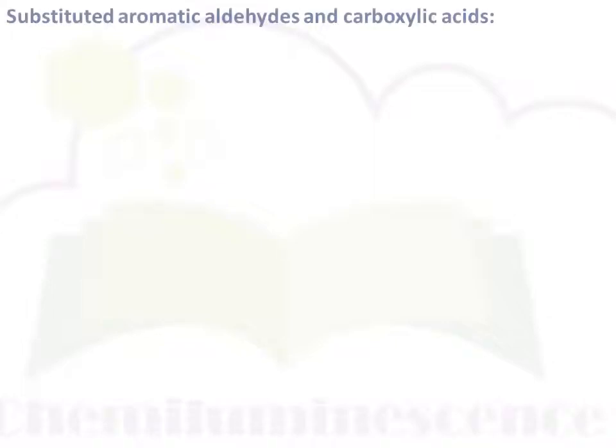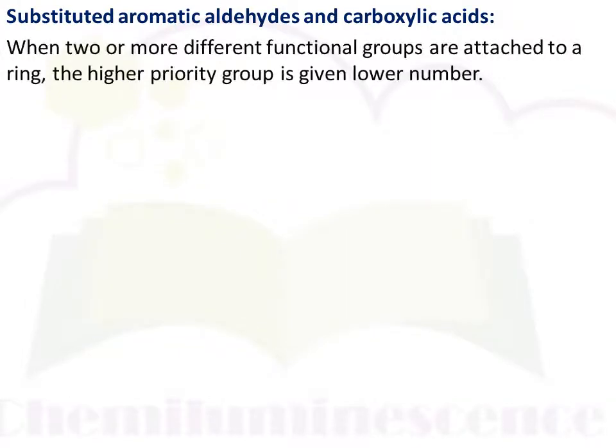Let's see how to derive the name of substituted aromatic aldehyde and carboxylic acid. When two or more different functional groups are attached to a ring, that is the benzene ring or an aromatic ring, the higher priority group is given the lower number. That means we have to start numbering from that functional group which has a higher priority.